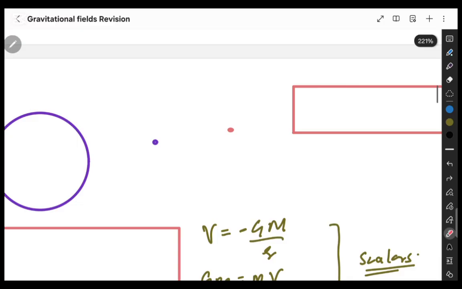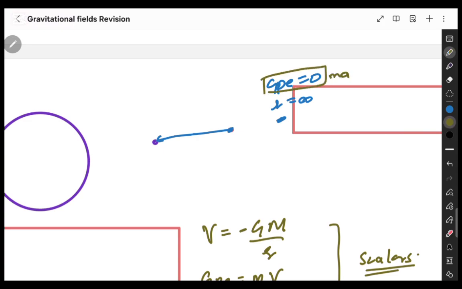The explanation for this is that gravitational fields are always attractive. So when you bring something from infinity, where r is infinity and the GPE is equal to 0, you might be surprised, but this is the max value of the GPE.